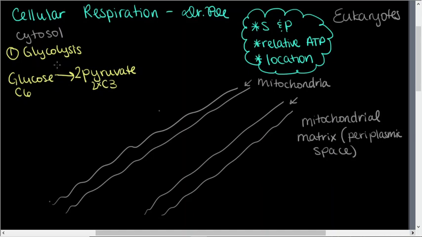We also have NAD plus being converted to NADH in this process. This is a coenzyme. This is very important for cells, and in fermentation we have to regenerate this NAD plus.